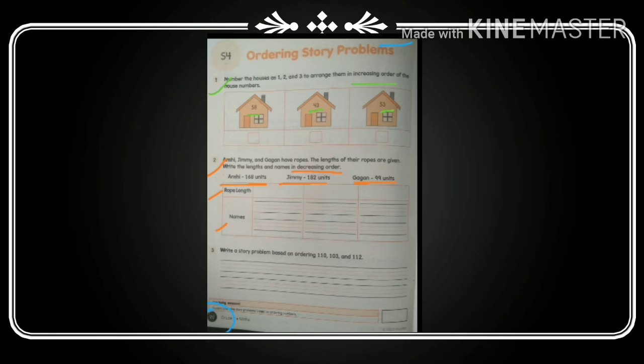Okay, now the third question. Write a story problem based on ordering 110, 103 and 112. Here three numbers are given. By using these three numbers you have to write a story problem.